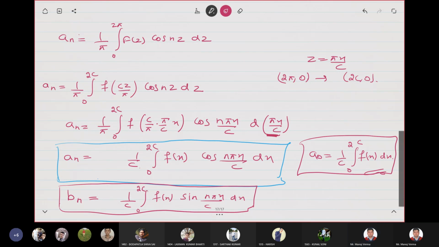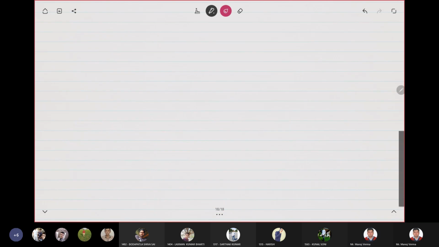Suppose we have to express a function f x equal to minus x and plus x in the ranges minus 2 to 0 and 0 to 2.